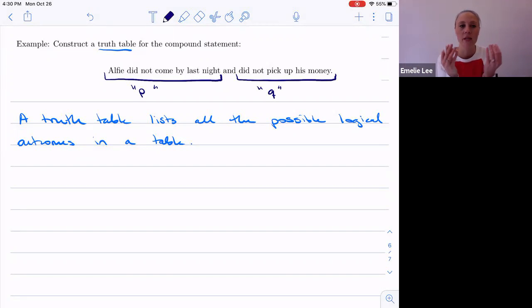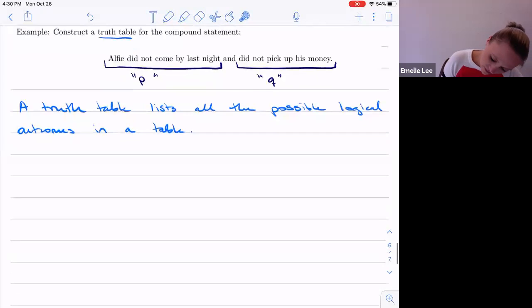For my pure statement, Alfie came by last night, that's going to be my P. This is technically not P, the negation of P: Alfie did not come by last night. Instead of air quotes, maybe I will use the negation, a little bit more proper.